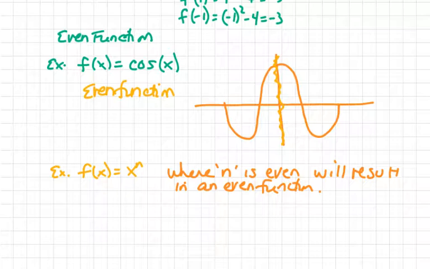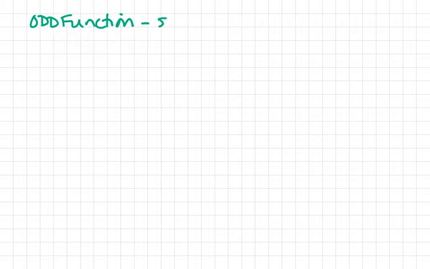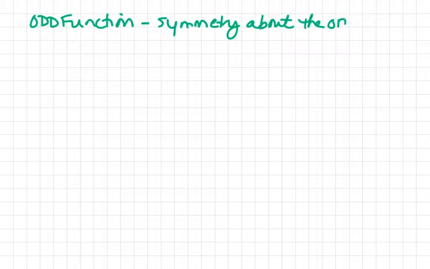And then I'll give you a theorem to wrap up this discussion. So an odd function has symmetry about the origin. So if you were to fold along the x and then along the y, you would have graphs that lie on top of one another.